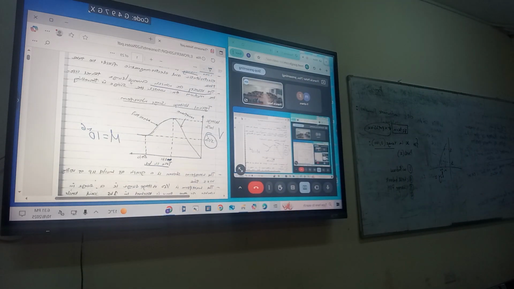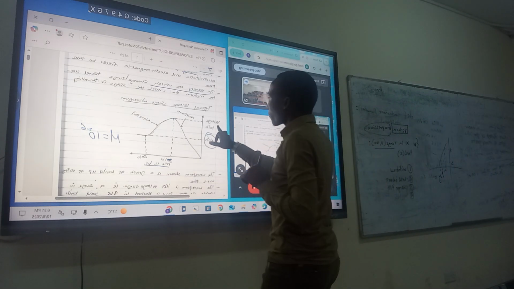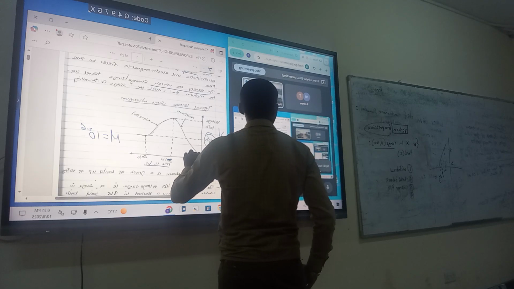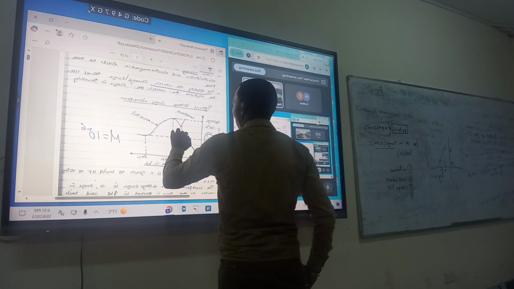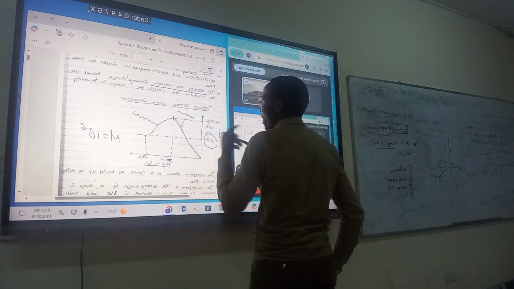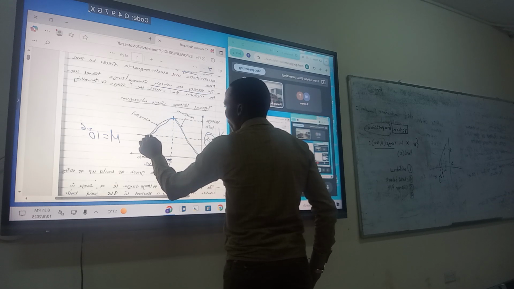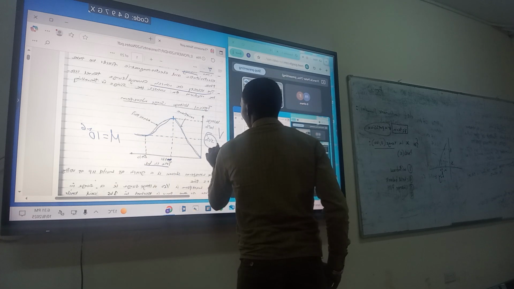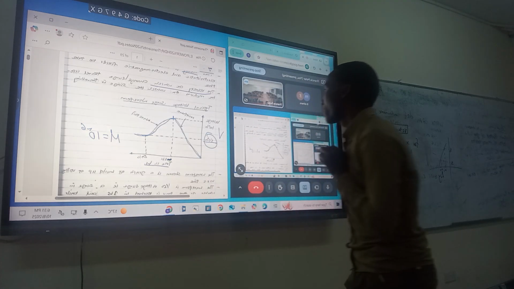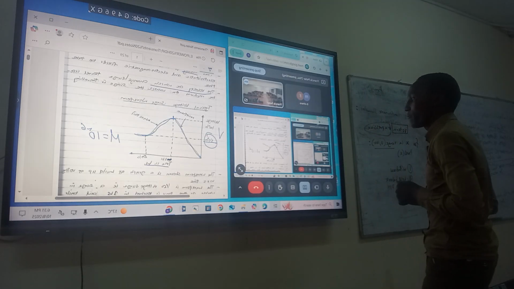So the voltage rises along this curve up to the highest point, then it starts decreasing down to a certain point at, say, 50%. That is what we call the typical voltage surge waveform.